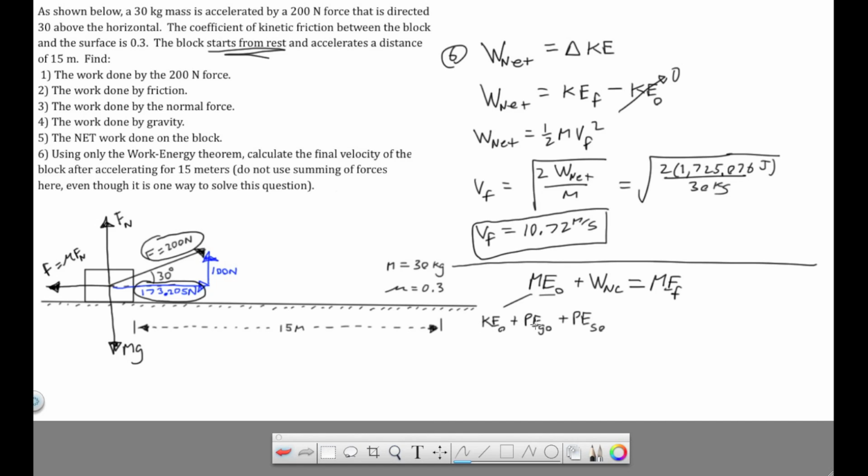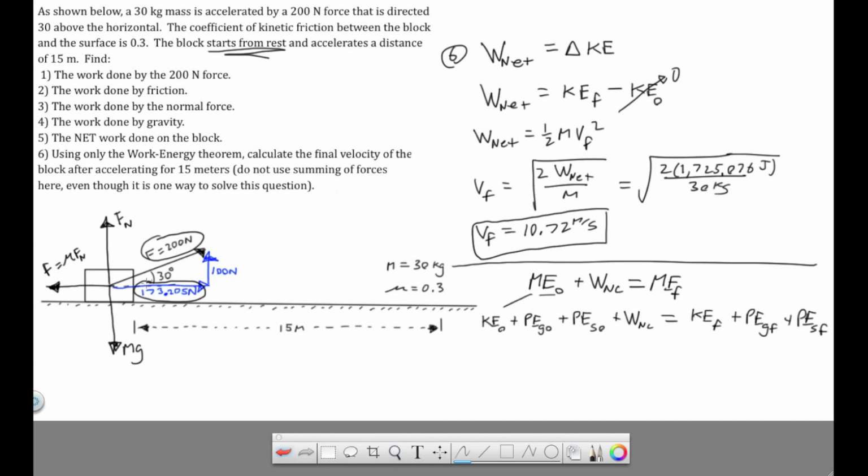So that's kinetic initial, potential of gravity initial, potential of spring initial, plus work non-conservative equals mechanical final, which is kinetic, potential of gravity, and potential of spring. So this is pretty much our conservation of energy equation, which accounts for non-conservative forces being present.